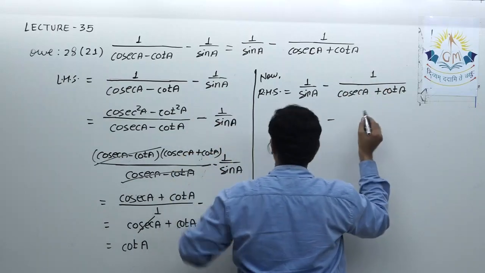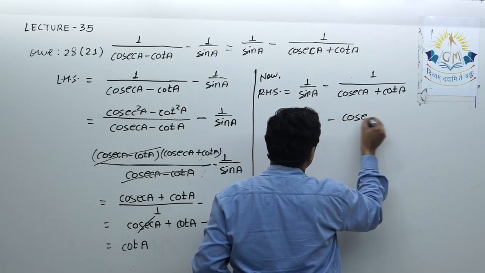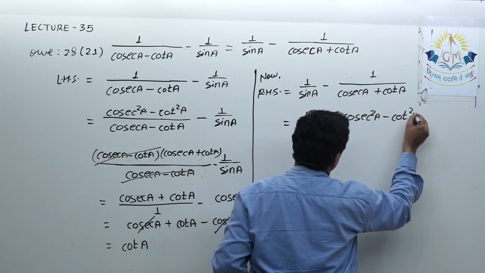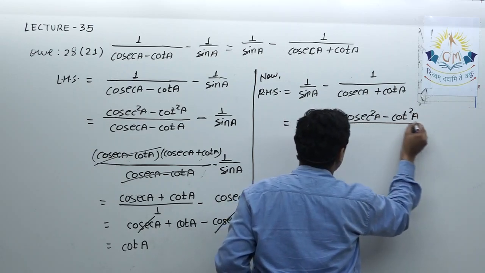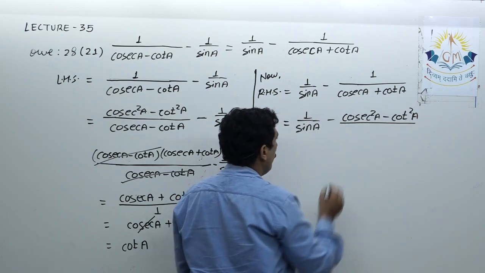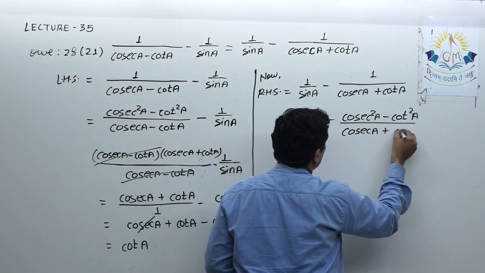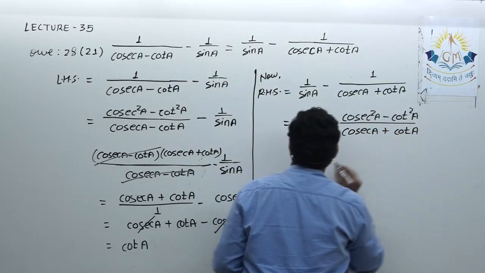So in place of 1 I can write cosec square A minus cot square A. Okay, and the denominator remains the same, that is cosec A plus cot A.